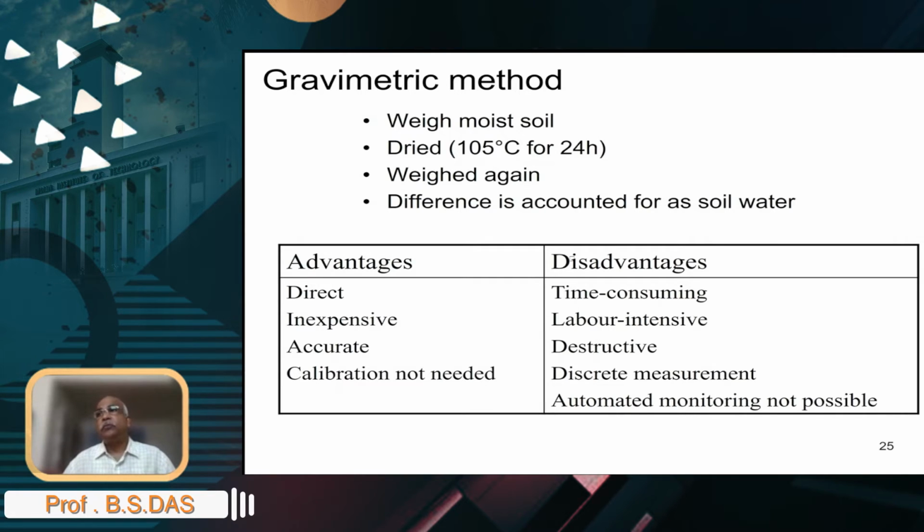Nevertheless, sometimes you need to be careful, because many times during collection of the sample, putting it in a moisture can, handling it and taking it to the laboratory, you may lose a substantial amount of the moisture during transport, unless you cover it. So you need to be very, very careful about collecting the sample and then putting it in sealed or airtight containers, so that there is no loss of water.